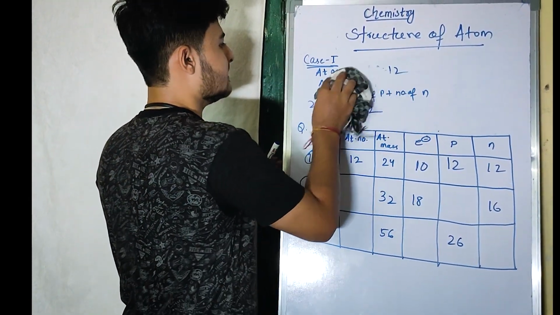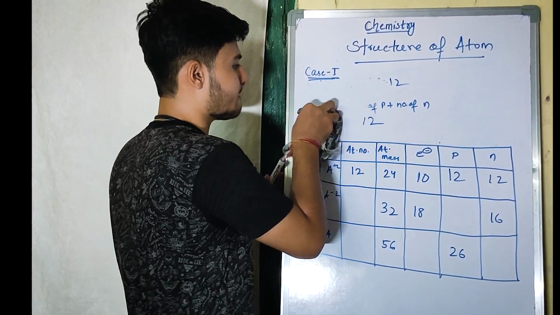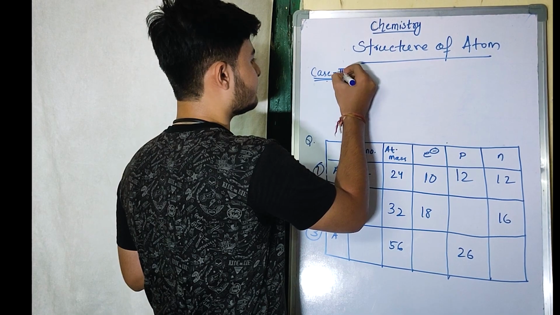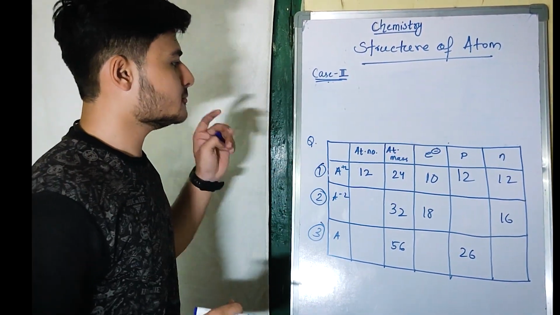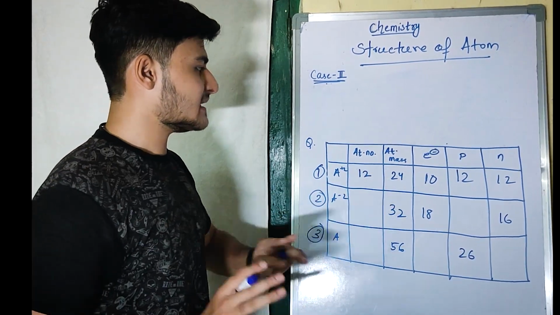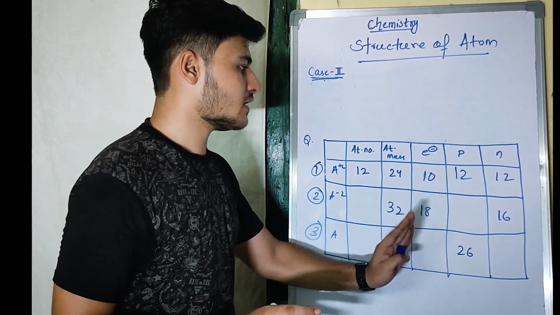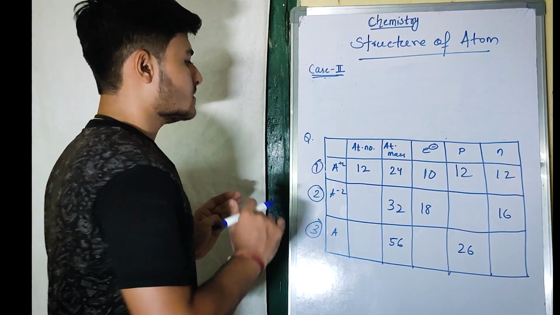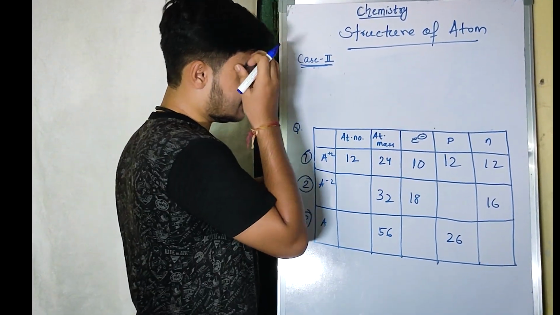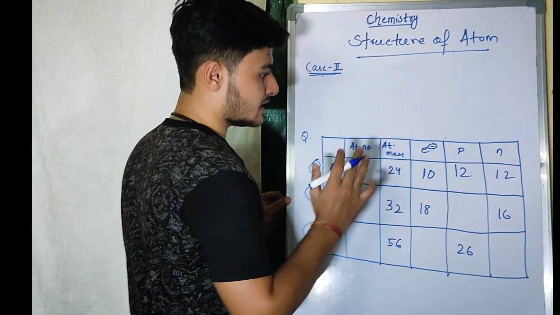Now we will go towards case 2. In case 2, what have we been given? Atomic number not given, atomic mass given, electron given, proton not given, and neutron given.